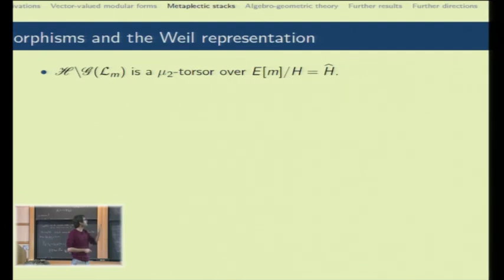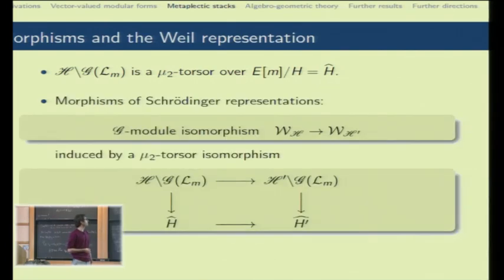What I notice is that if you take this quotient of the Lagrangian subgroup by the Heisenberg group, these are all affine schemes, and because of the symmetric assumption that I've made, you actually get a mu2 torsor over the Cartier dual of capital H, which is the projection over the torsion. And here's my definition of a morphism of Schrodinger representations: it should be a G-module isomorphism, so it should preserve the action of G on both Schrodinger representations. And moreover, this isomorphism should be coming from a mu2 torsor isomorphism.